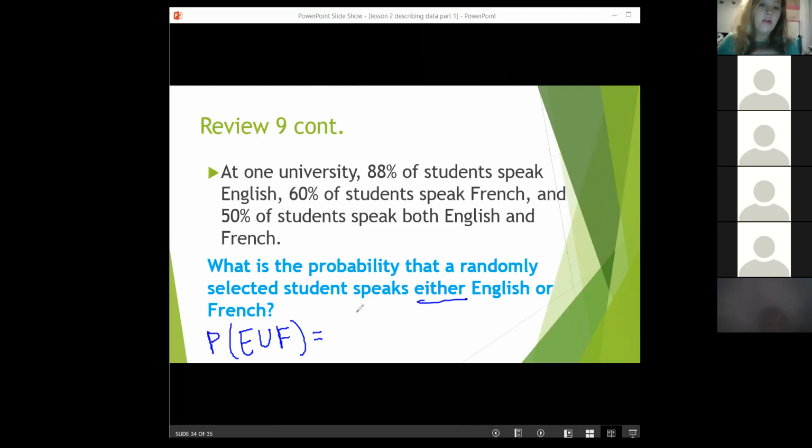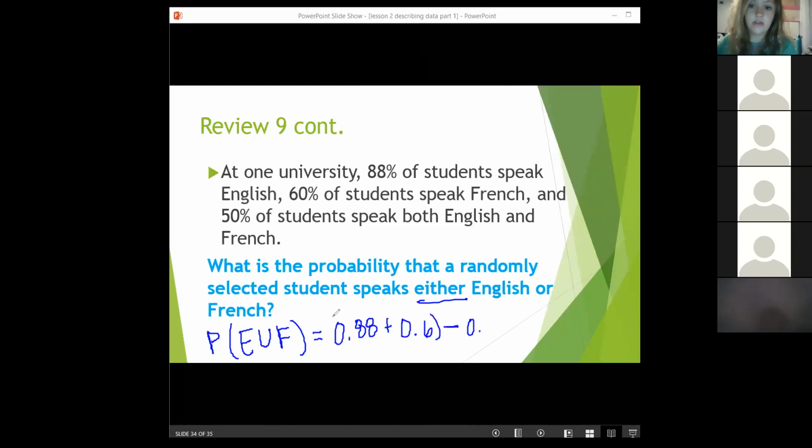We find probability of English and French and then subtract both. So we're going to have 0.88, that's our probability of English, plus our probability of French, and then minus the probability of both.